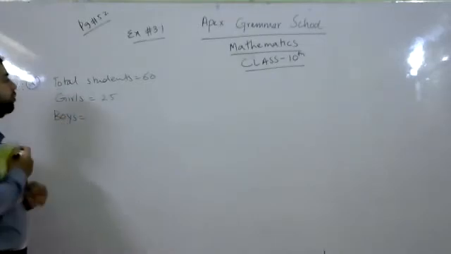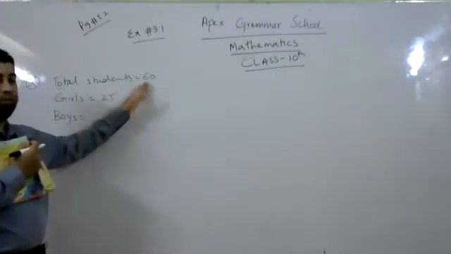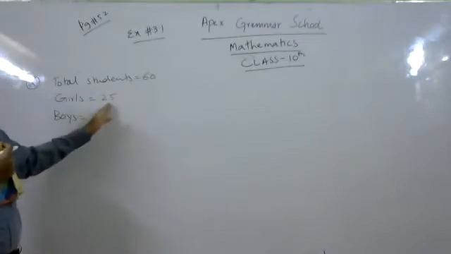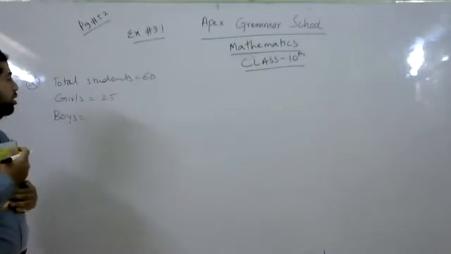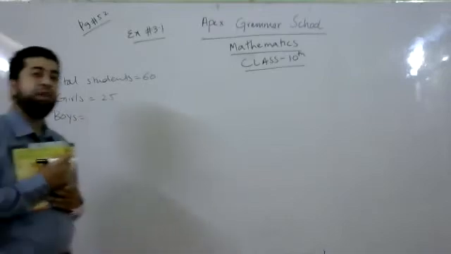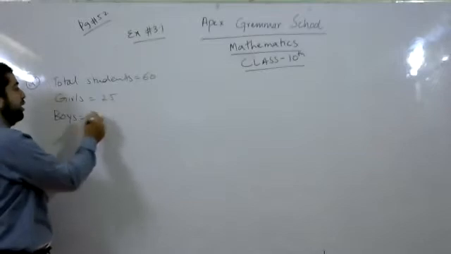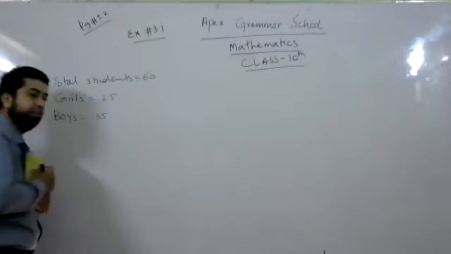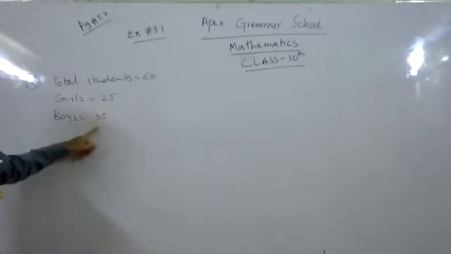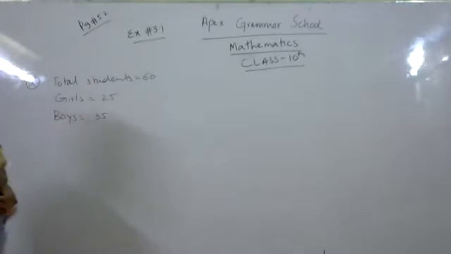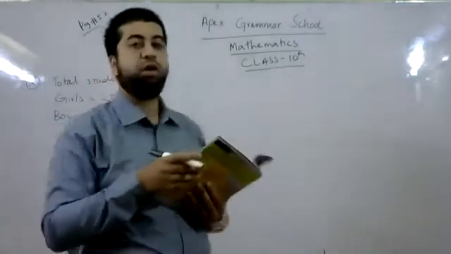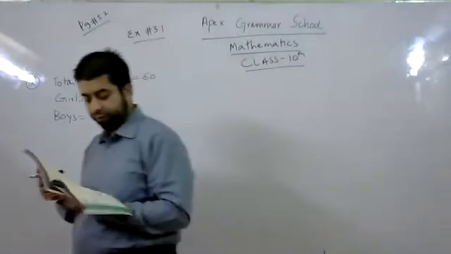Out of 60, 25 are girls and the remaining are boys. So the count of boys is 60 minus 25, that is 35. Because 25 plus 35 is 60. So the quantity of boys is 35.